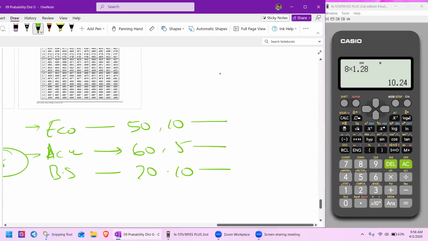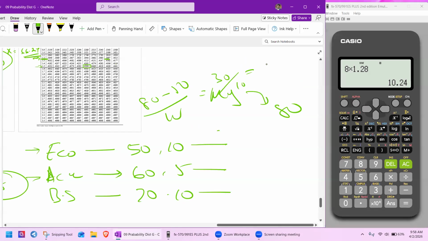For example, Mr. Y gets the marks, say 80 marks. Then he will get a Z score for this 80. 80 minus 50 divided by 10, 30 over 10, it will be 3.